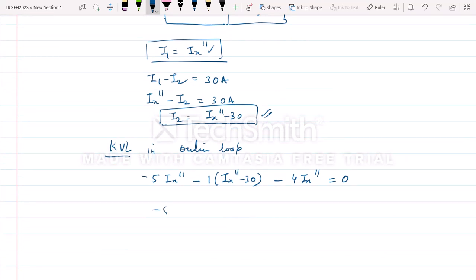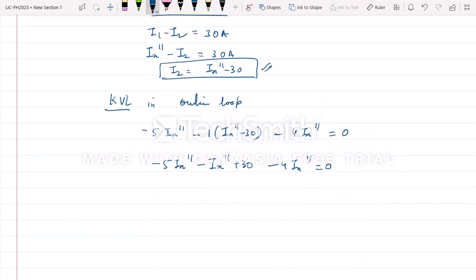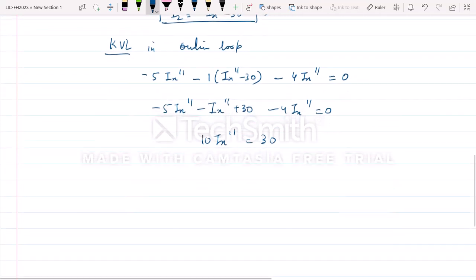Let us solve this: minus Ix double dash minus 5 Ix double dash plus 30 minus 4 Ix double dash equals 0. Minus 5 minus 1 is minus 6, minus 4, so 10 Ix double dash equals 30. From here Ix double dash is 3 ampere.